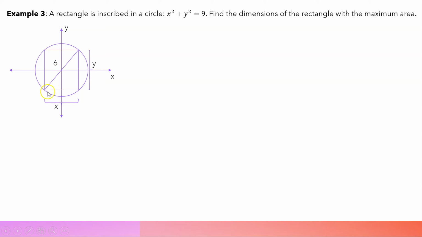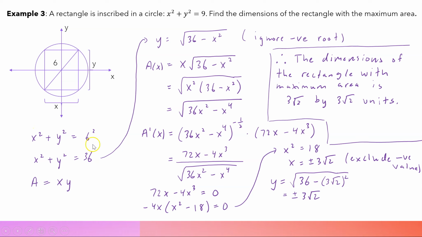And so what I did here is I labeled this side of the rectangle as x, and this side of the rectangle as y. And the hypotenuse of this right triangle is 6, because the radius is 3 here and 3 here. So one of my equations is x squared plus y squared is equal to 6 squared.